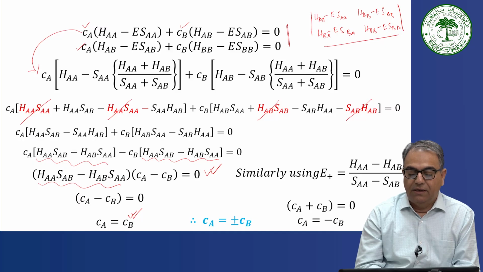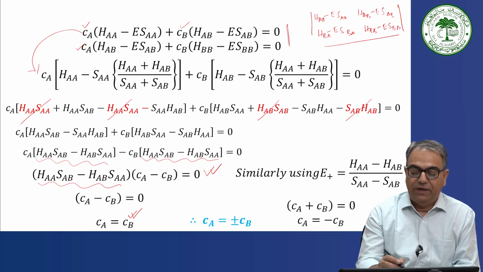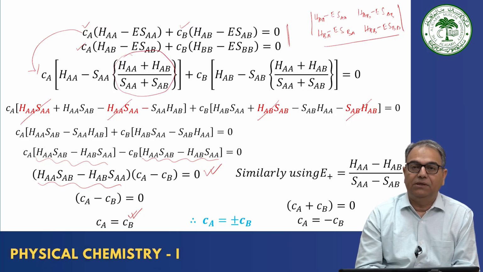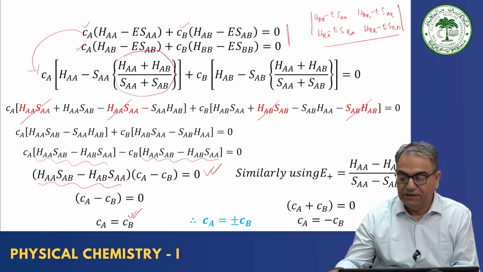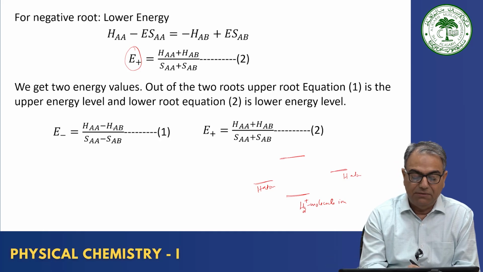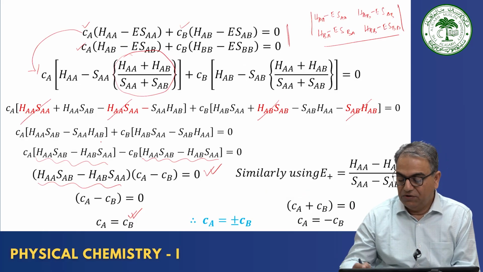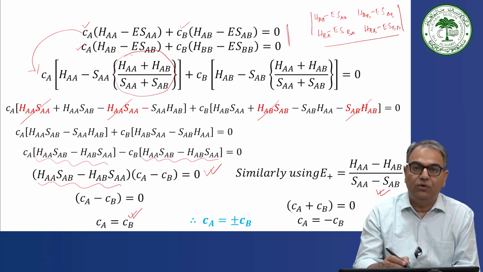Okay. We have used the value of energy, which is Ha plus Hab, Sa plus Sab. But another value of energy is also there, which is Ha minus Hab and Sa minus Sab. So if you put this energy value, Ha minus Hab and Sa minus Sab, then what you will get? You can do it.